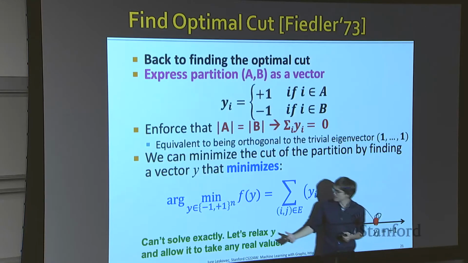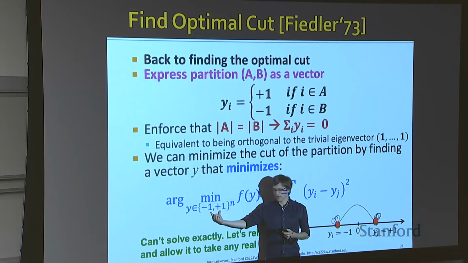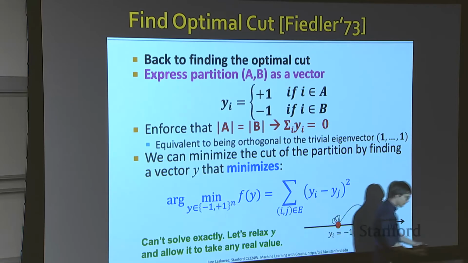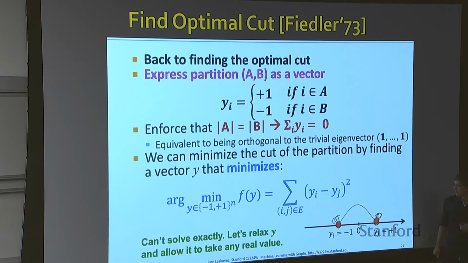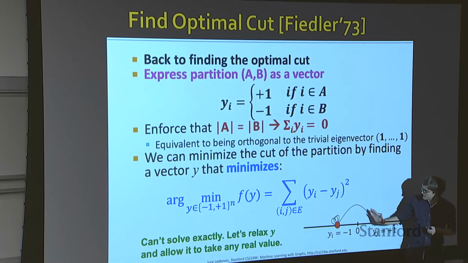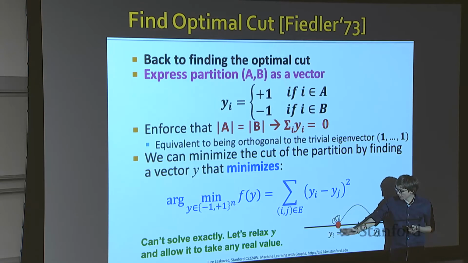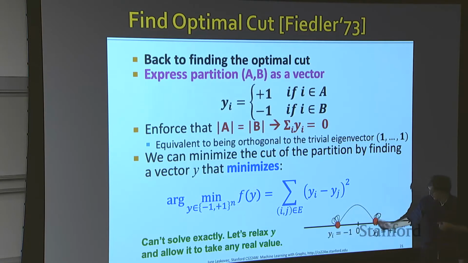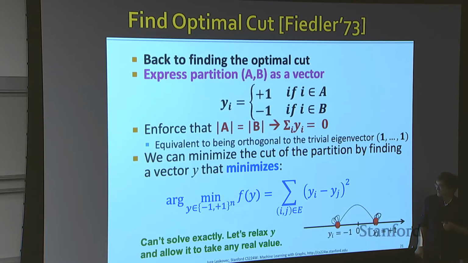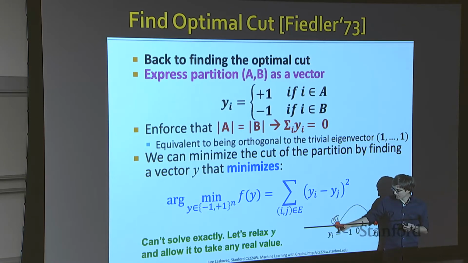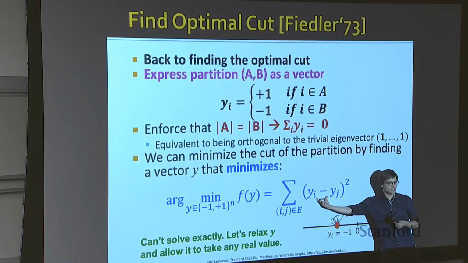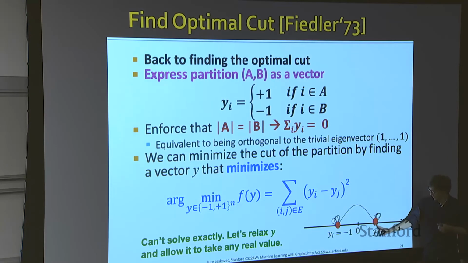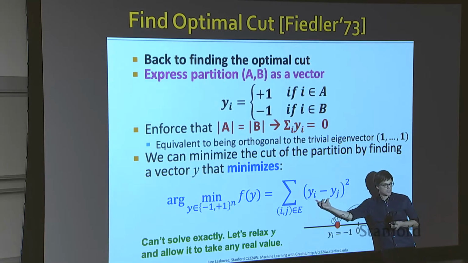The only difference was that here Fiedler said this can only take value +1, -1, and our vectors have general real values. But what this is essentially saying is: put half of the nodes at coordinate -1, put the other half of the nodes at coordinate +1, so all the edges between these nodes will cancel out, we'll have 0 here. All the edges between the nodes that are here, again, will cancel out and will be 0.